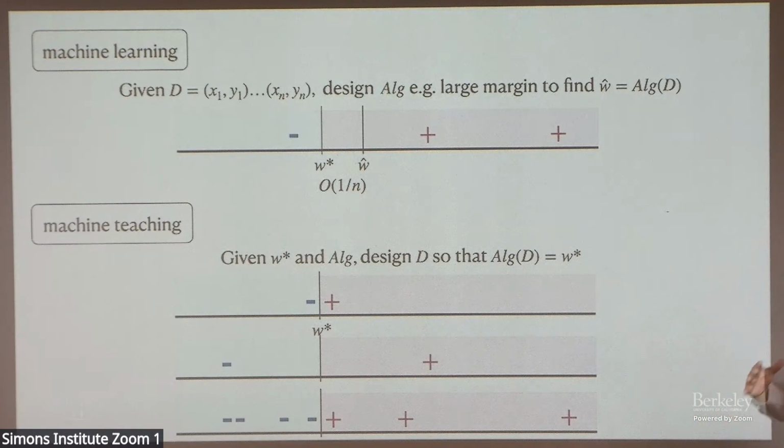Now, the task of machine learning, as we know, is we design learning algorithms. In this talk, I'm going to call this the ALG, the learning algorithm, such that, for example, let's just say we're using large margin classifier, support vector machine, that kind of stuff. But also you can think of, for this particular case, think of it as one nearest neighbor classification. It's the same thing in 1D. So what do we do, right?